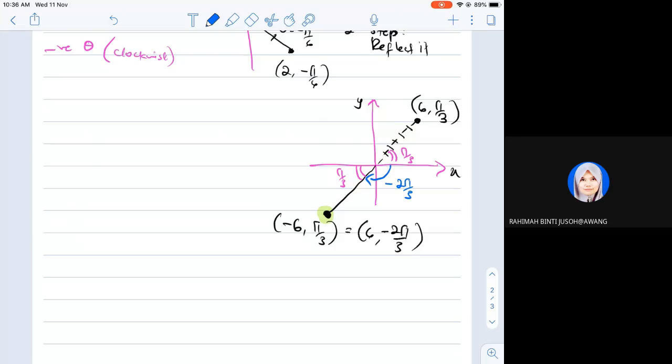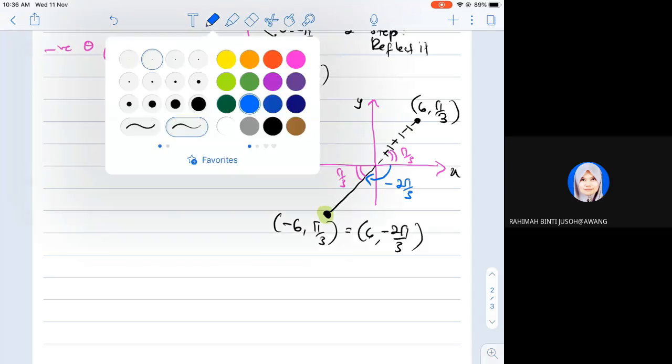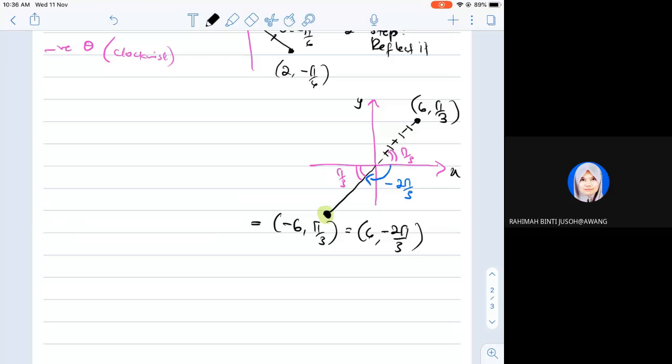Okay? What else? What are the other names for this coordinate? Apa lagi nama lain bagi koordinat ni? Titik yang sama, dia macam nama you all lah. Saya tengok nama Ahmad Hakimi, tapi nama dalam akaun Gmail, The Rock lah. Dia ada nama lain. Individu yang sama, tapi nama dia lain-lain. 4 over 3 pi.